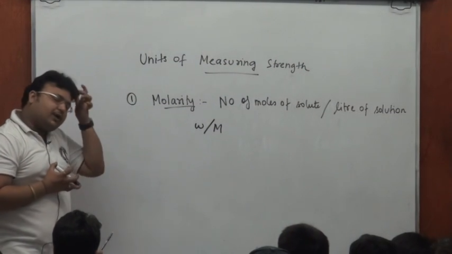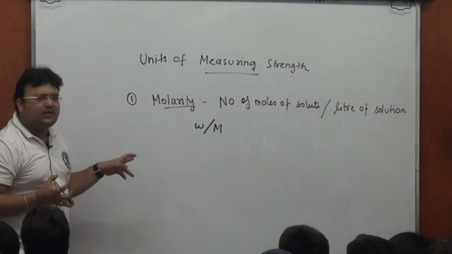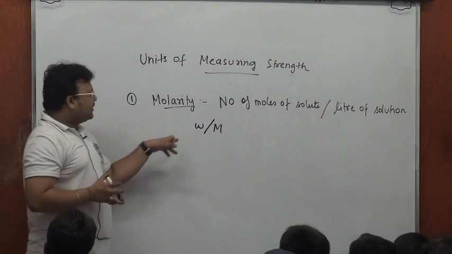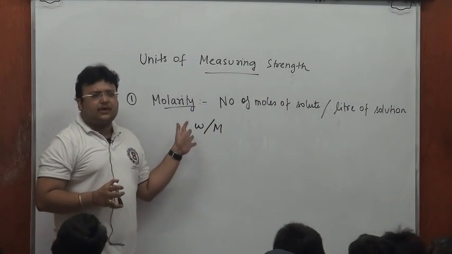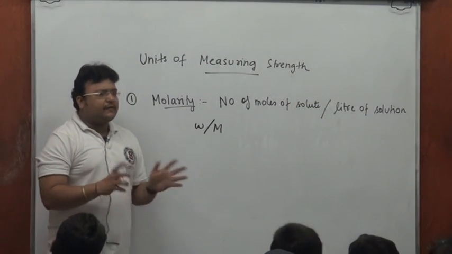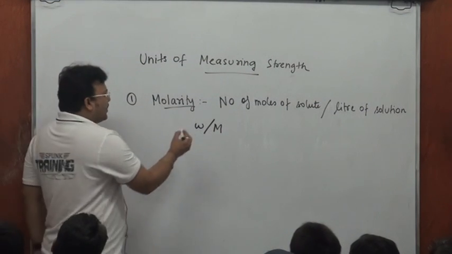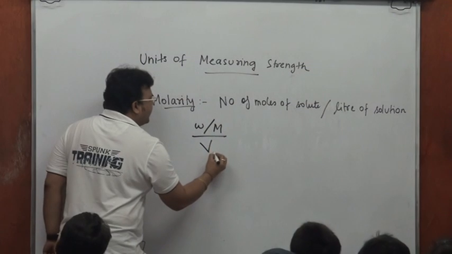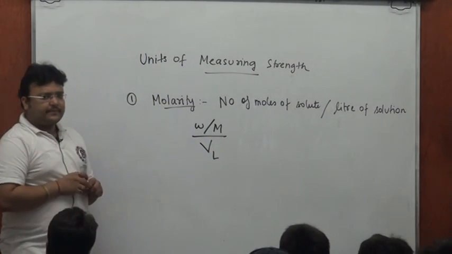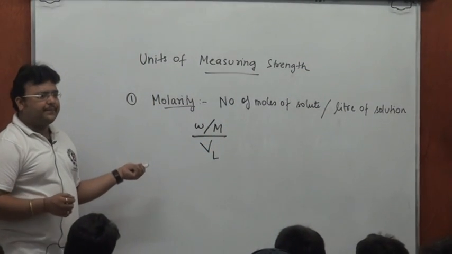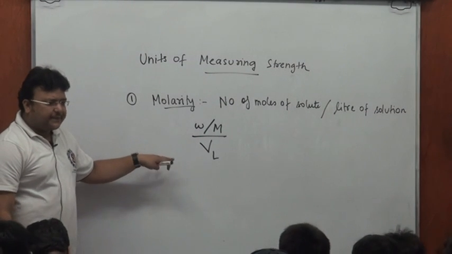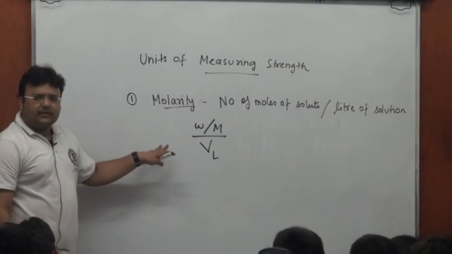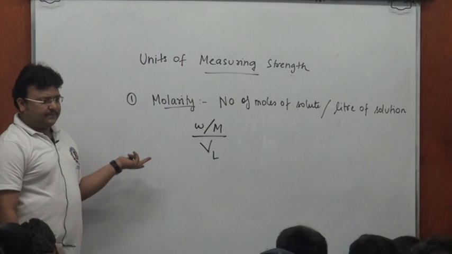Yes or no? I repeat, if you dissolve W grams of a chemical and get V liters of a solution, W by m will be the number of moles, upon V in liters. So this will give you molarity. Number of moles per liter will be the molarity of the solution.